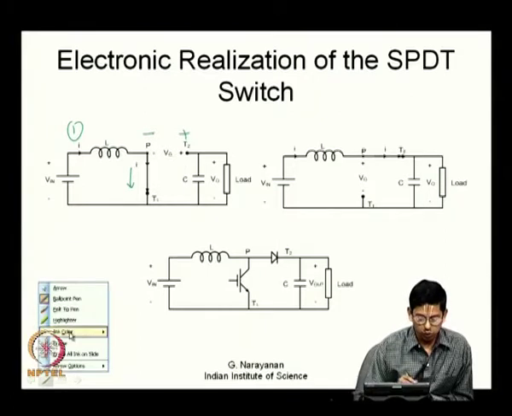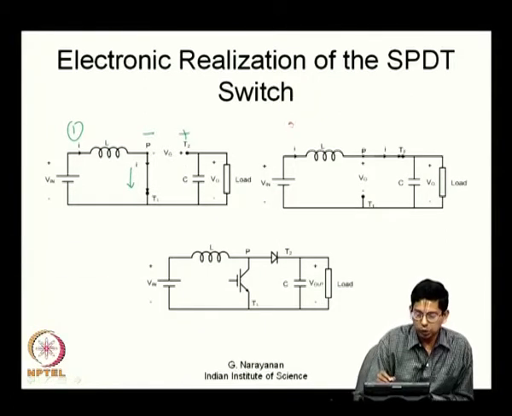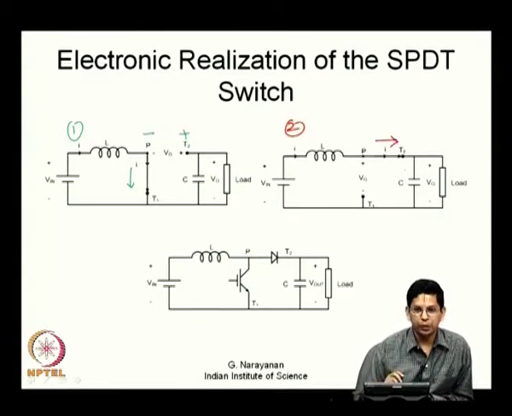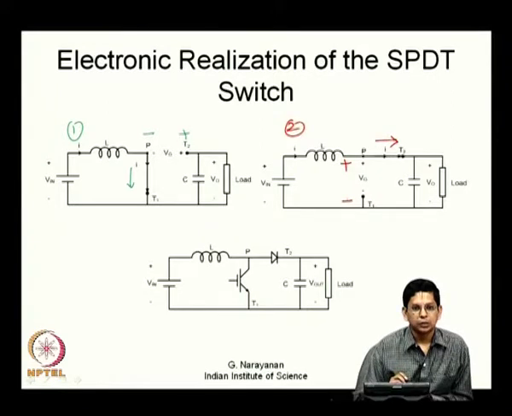Now, if you move over to state 2, the direction of conduction is from P to T2 and the potential blocked is P positive with respect to T. So, these are your requirements. You have to find out devices which will satisfy these requirements now.